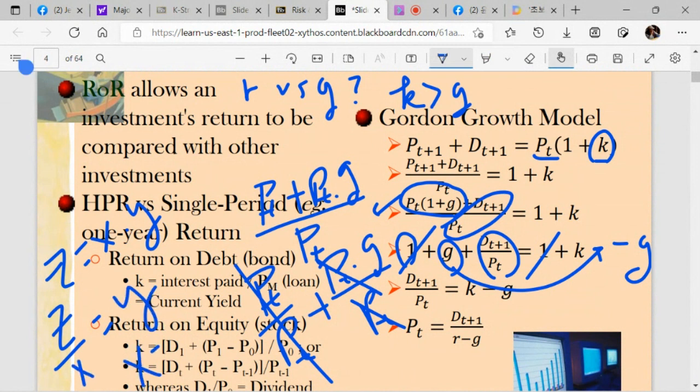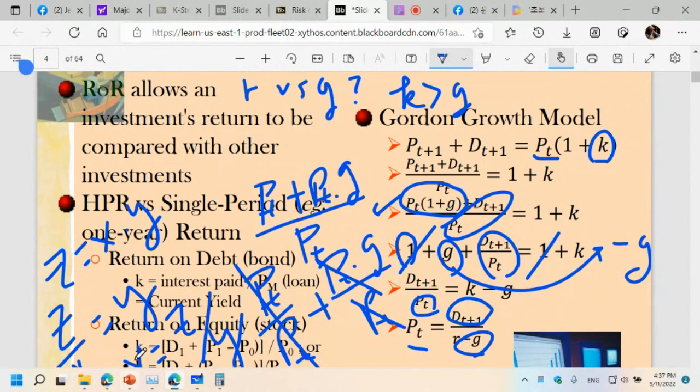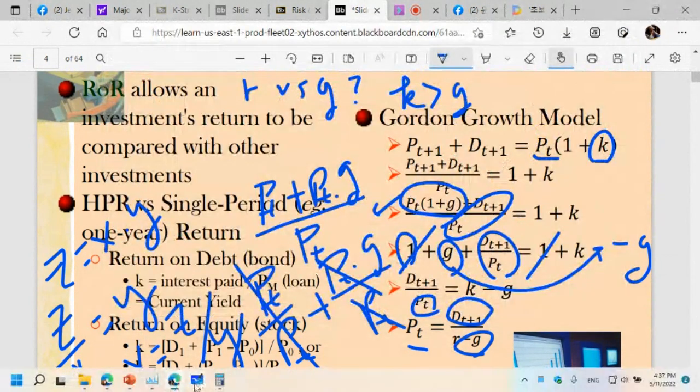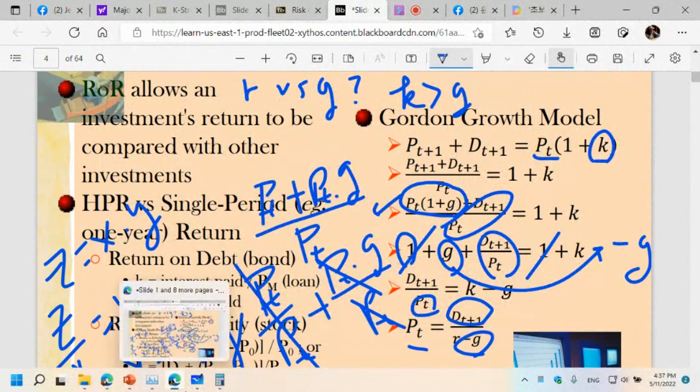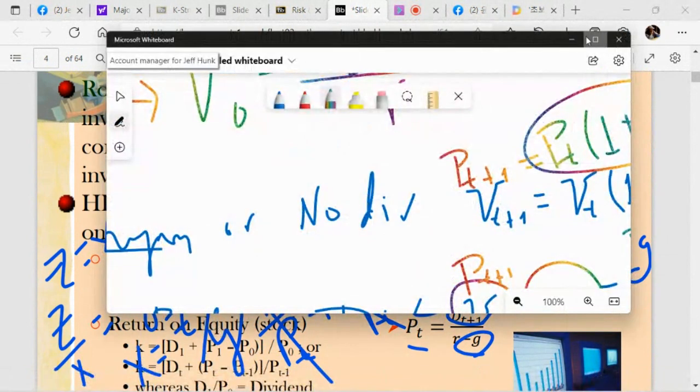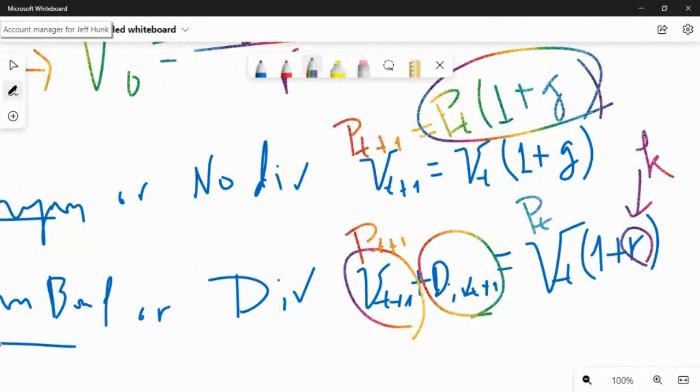So if you want to know x, then it's z over y. So pt, if you solve for pt, then you will have z over y, right? Hence, we have that Gordon growth model, pt equals, right? That's how we get the Gordon growth model. Therefore, the Gordon growth model is really just a one period model.